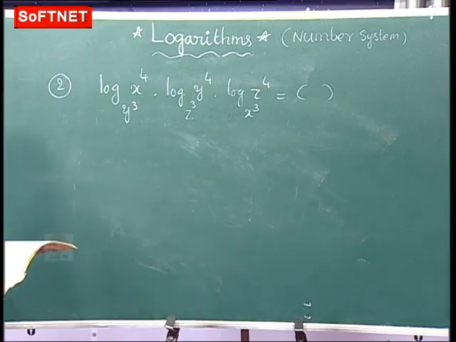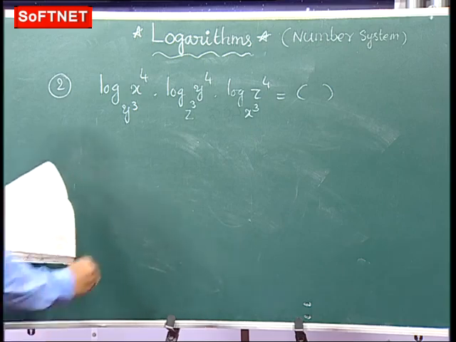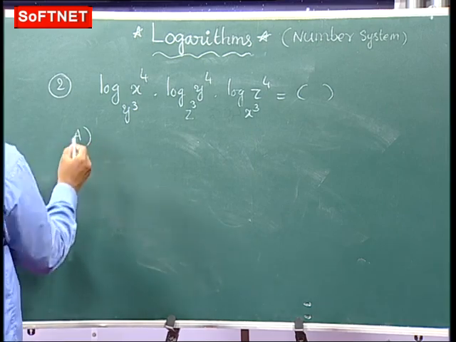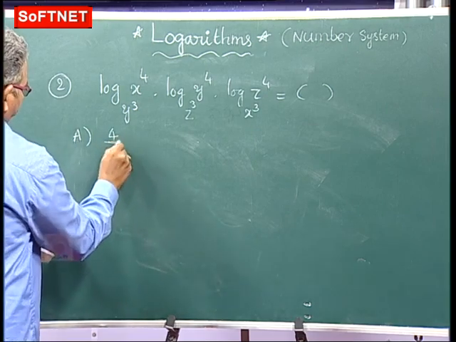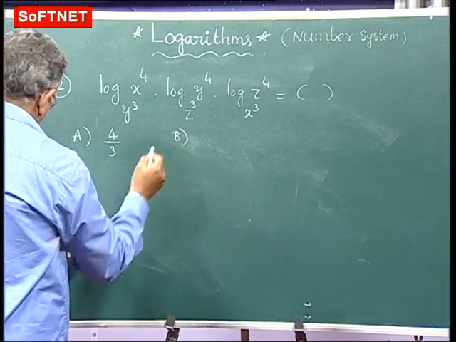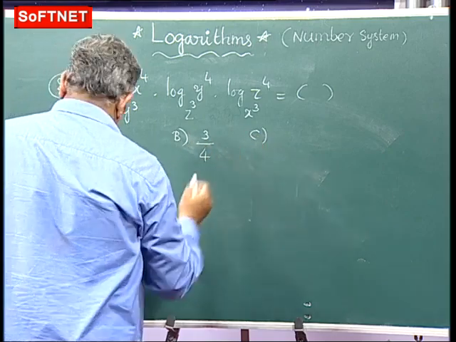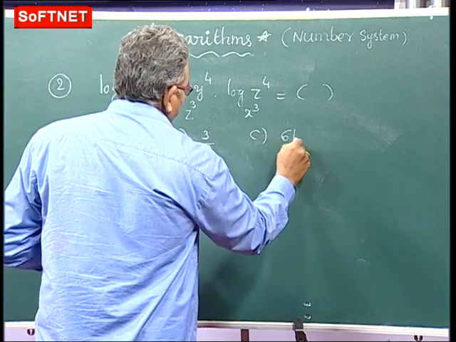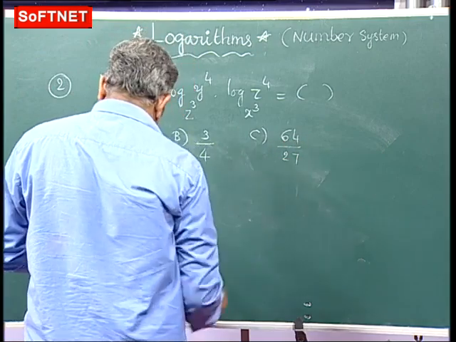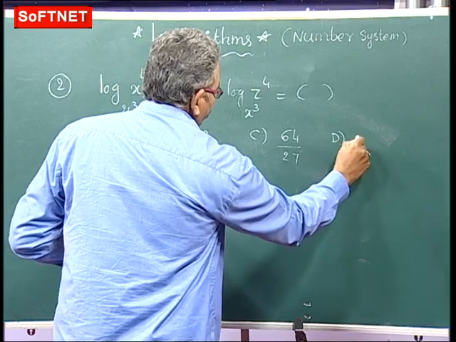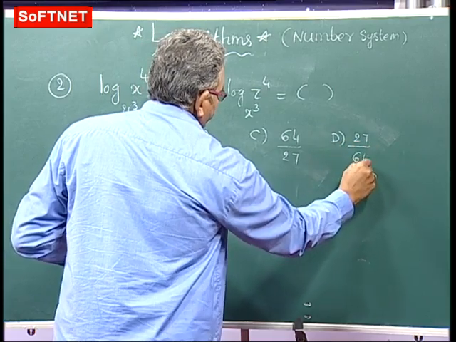So, let us write the options. First option 4 by 3, 3 by 4, 64 by 27, D 27 by 64.